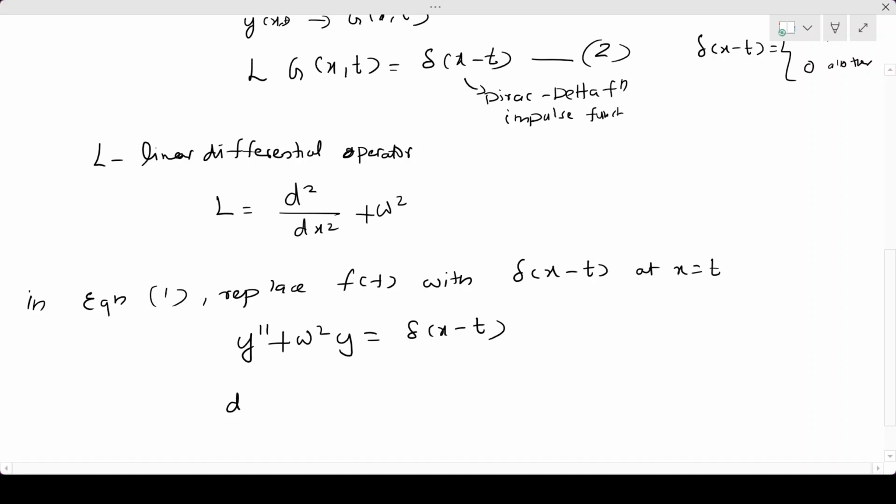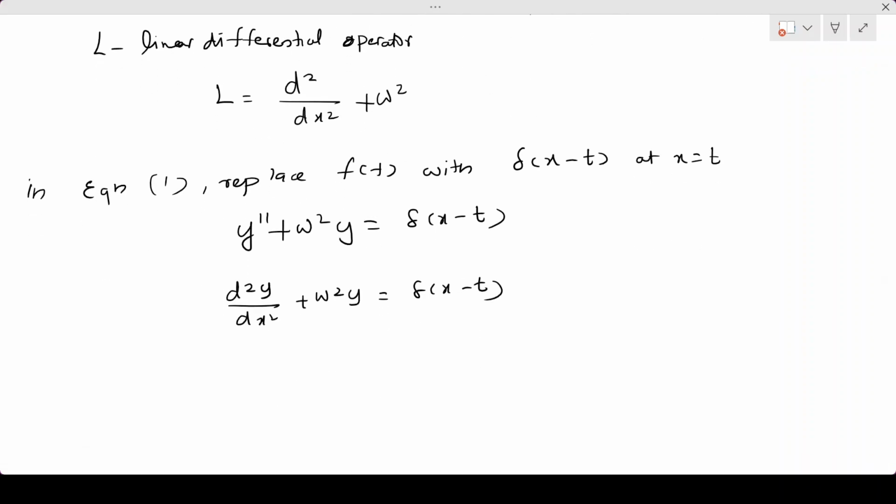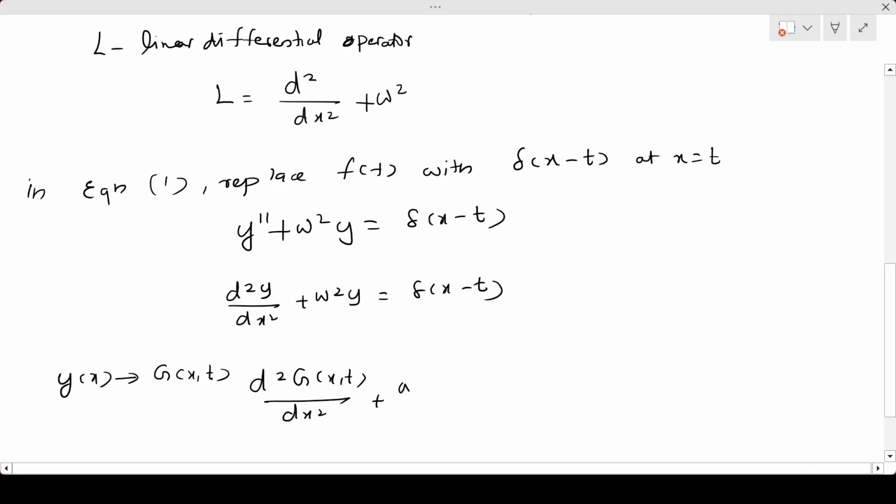If I take this representation in terms of d square y by dx square plus omega square y is equal to delta x minus t, and replace y of x, which is the solution of the differential equation, with g of xt, this equation becomes d square g of xt by dx square plus omega square g of xt is equal to delta x minus t.